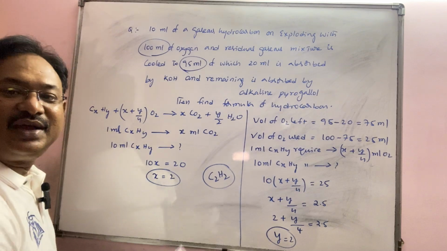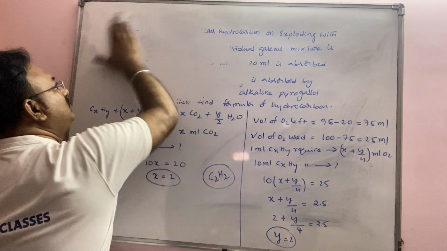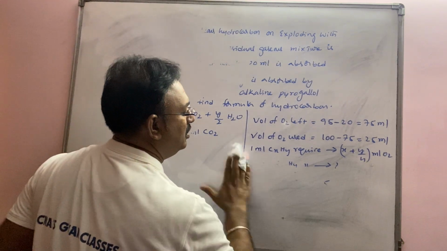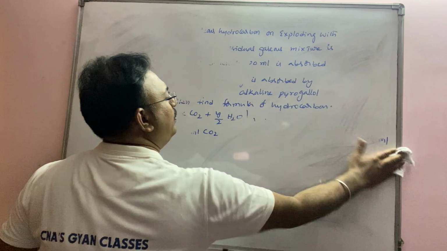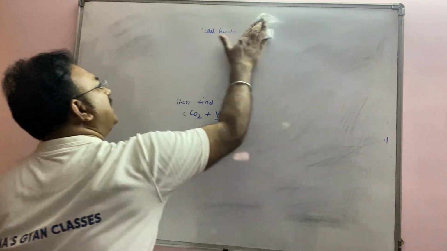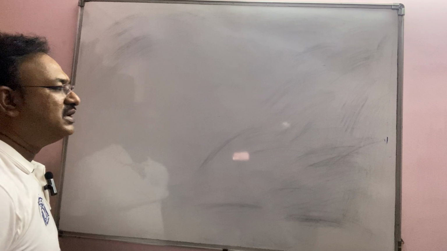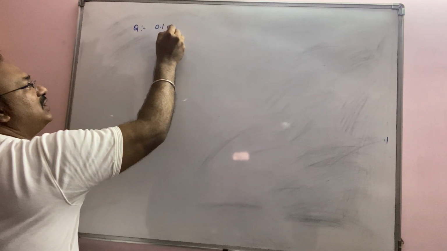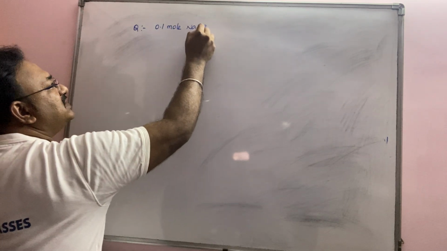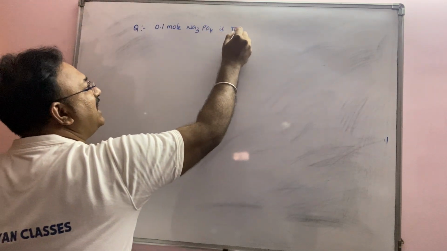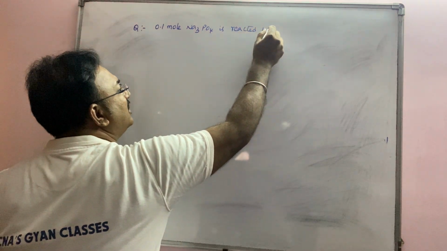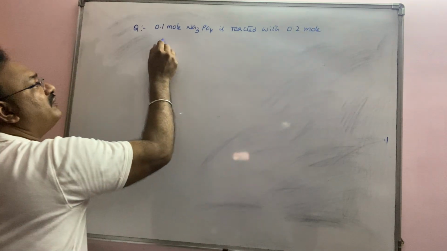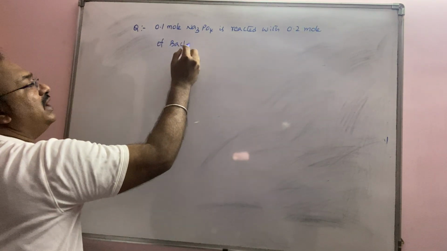Right. Now coming to the second question. Okay, listen. Second question. 0.1 mole sodium phosphate is reacted with 0.2 mole of barium chloride.